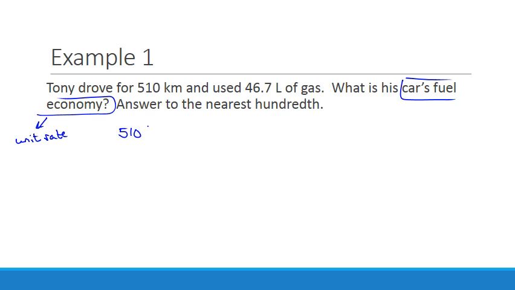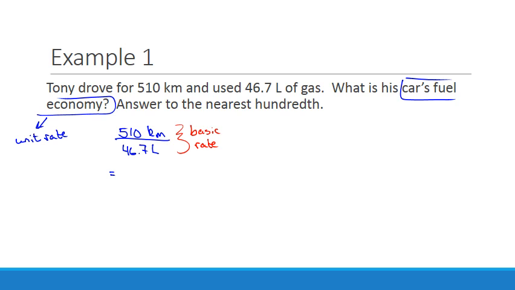They're both the same idea, just expressed different ways. So if I go 510 kilometers over 46.7 liters, now that's a basic, this is our basic rate. We're going to transform that into a unit rate. So like I did previously, I just divided them, I reduced them. The fractions were really easy to reduce.